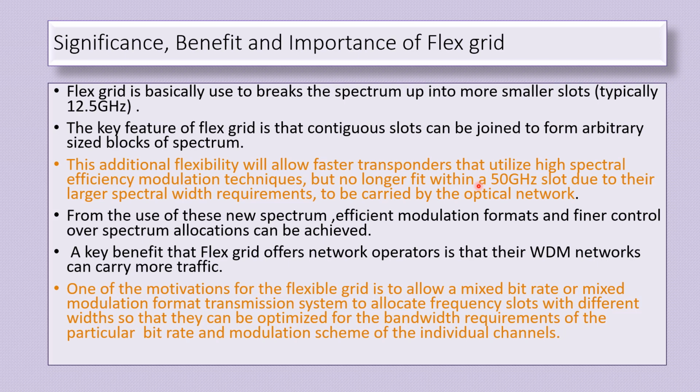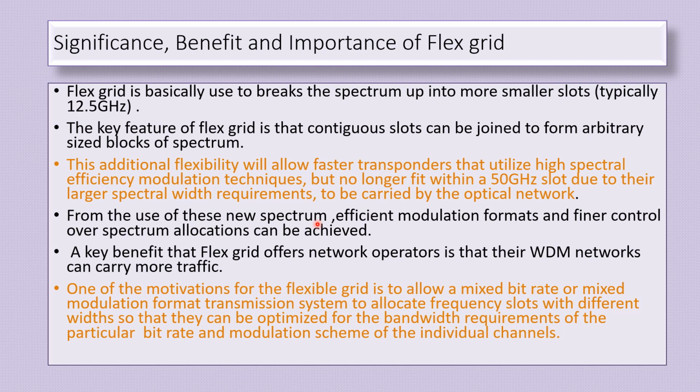Suppose we are using a fixed grid of 50 gigahertz and a transponder requires 75 gigahertz slot width, so we cannot use that transponder with the fixed grid. But in flex grid we can use this transponder whether it requires 25 gigahertz slots or 100 gigahertz slot width. This is the freedom of this flex grid.